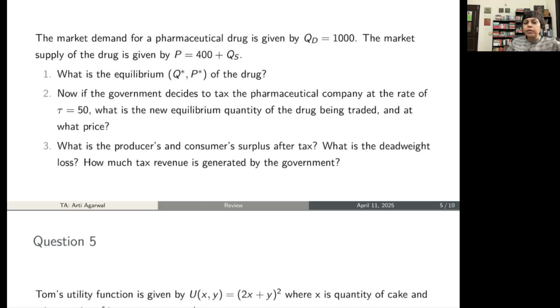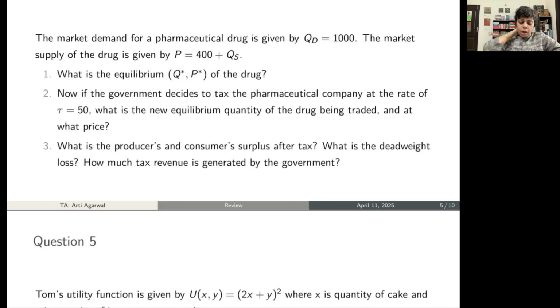We can draw it and solve it, but usually in the whole setup of the market between buyer and seller, whoever is more inelastic ends up bearing the burden of the tax more. And if either of them is perfectly inelastic, whoever is perfectly inelastic ends up bearing the entire burden of the tax. This is what we studied, I think, in week 2 or 3, right? So that's what's happening here.